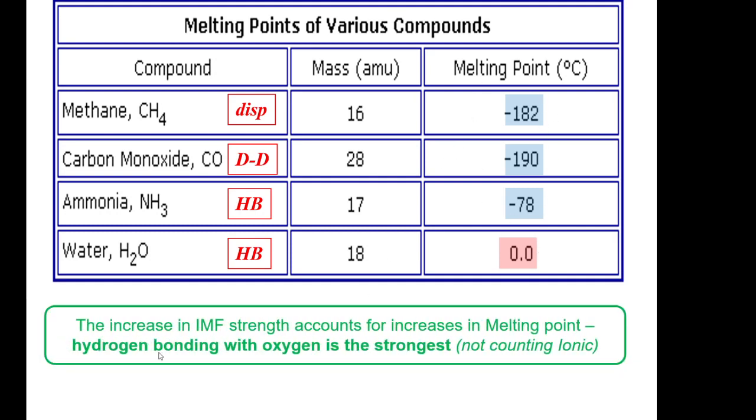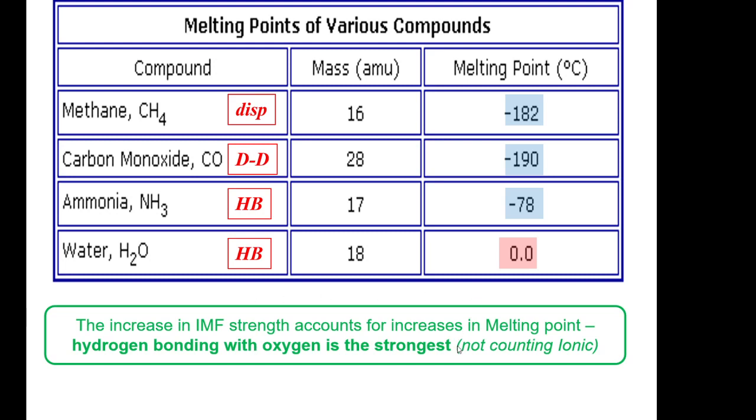Okay. Well, the increase in IMF strength accounts for the increase in melting point. Hydrogen bonding with oxygen is one of the strongest. It's not the absolute strongest. I'm not counting ionic, but I'm pretty sure that hydrogen with fluorine is stronger. I could be wrong.